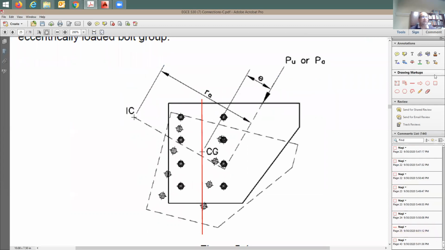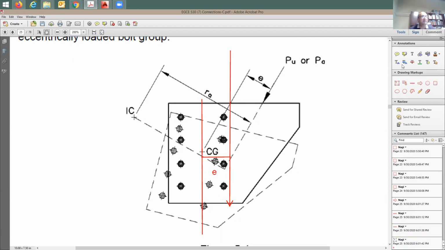Now, where's the applied force? The applied force is going to be right here before rotation, roughly here, let's say. And the distance from here to there is going to be equal to E. This E is the distance from the CG to the applied force. So I'm going to call this E. Fine, good.